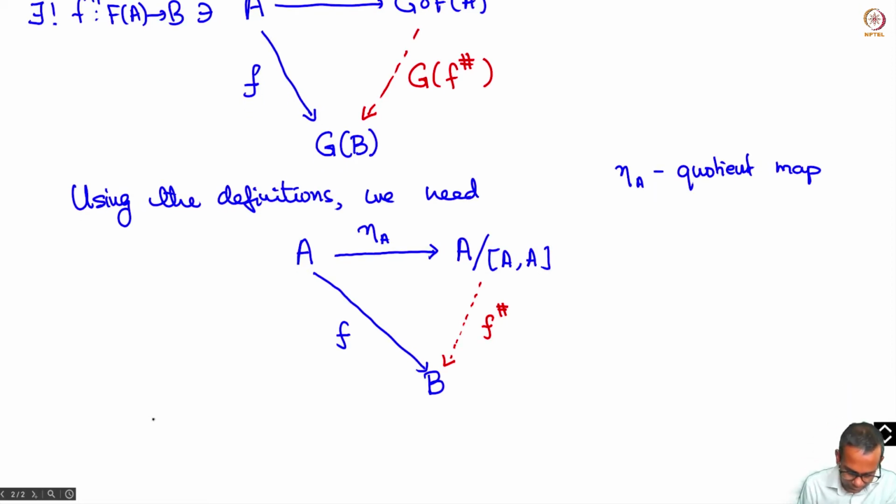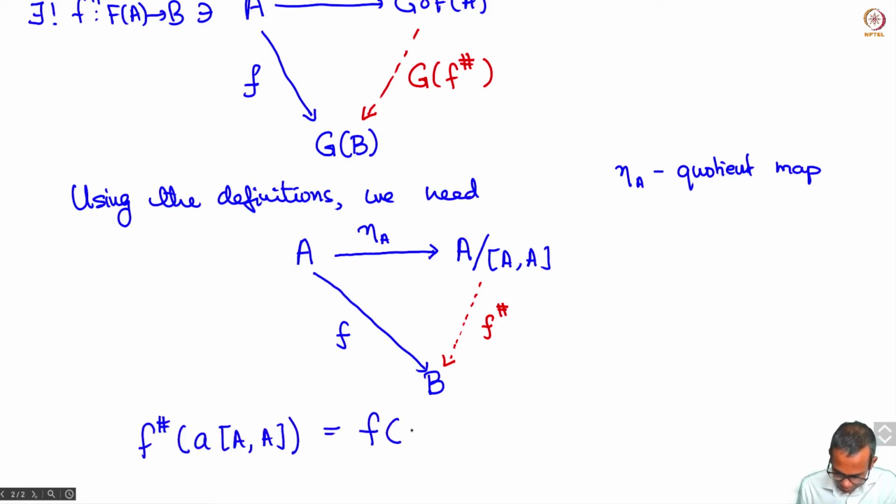You just define, well, it's forced, F hat of the coset of a to be F of a. And you need to check that this is well defined and that it is indeed a group homomorphism from A mod the commutator subgroup to B. But these are all standard, and I'll leave it to you to work out all the details.